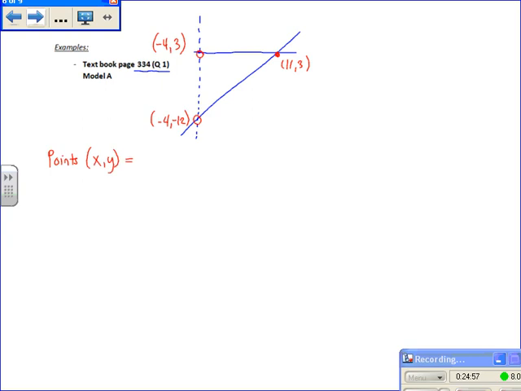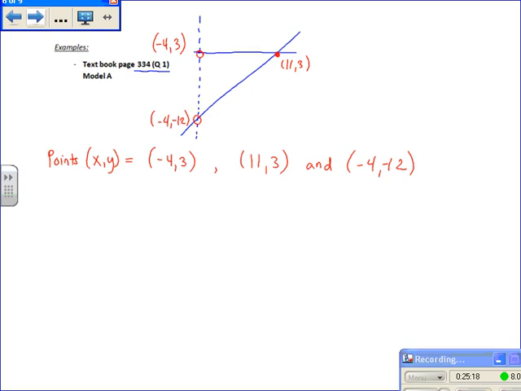They are -4, 3; 11, 3; and -4, -12. Those are the 3 points that we see from our graph.